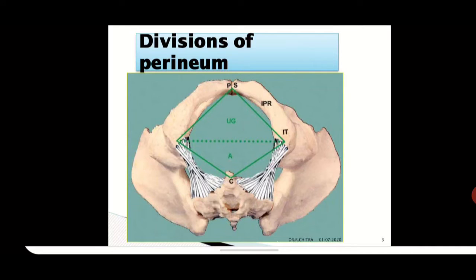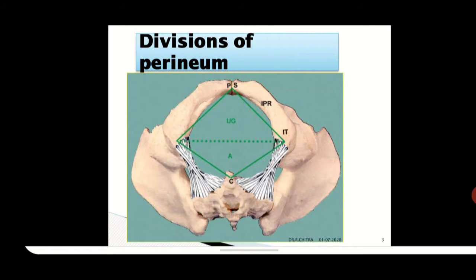So, divisions of the perineum. Before divisions, if you see the perineum, it is a diamond shaped space, presenting the following boundaries. In front, you see, what is that? Lower border of the pubic symphysis and arcuate pubic ligament. Behind, tip of the coccyx.